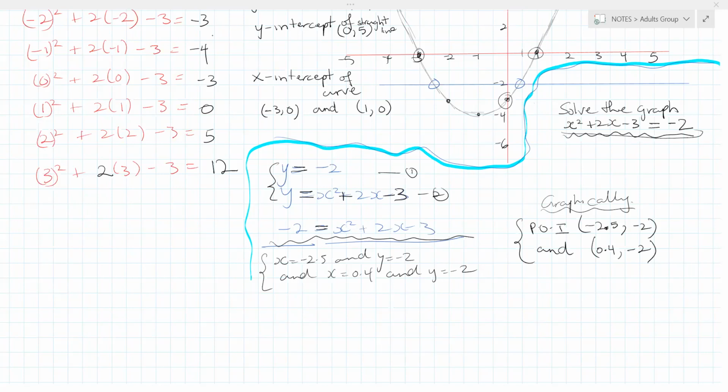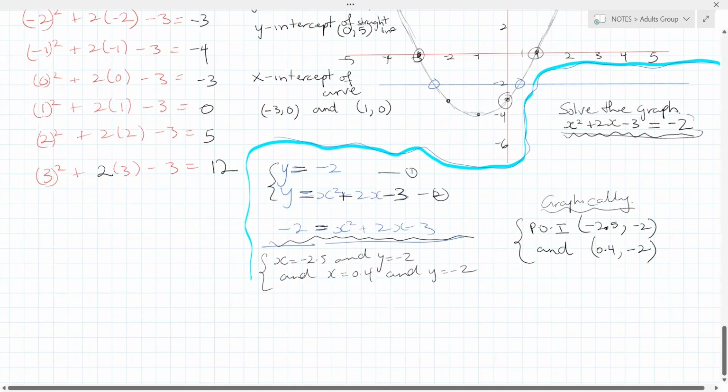So all we need to remember to do is draw the line for this part. This is the part that you have to remember. Draw the line for that, and that will always be y is equal to whatever the number is here. Once you draw that line, they will intersect, and you will get your two values.